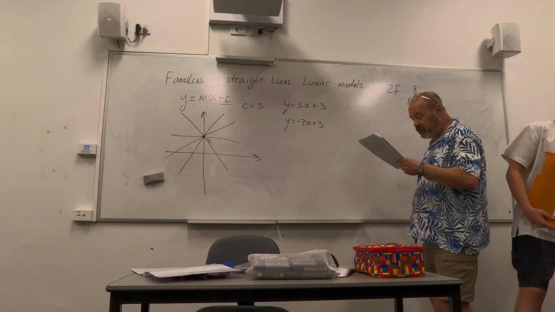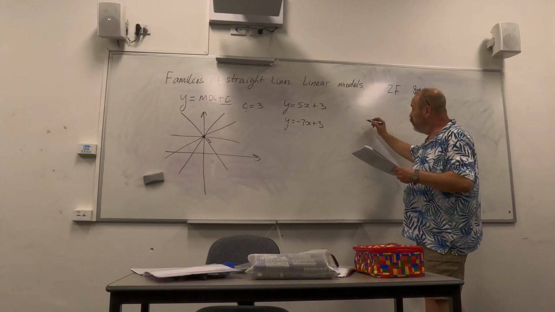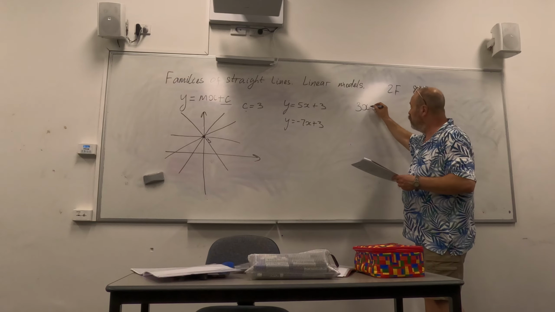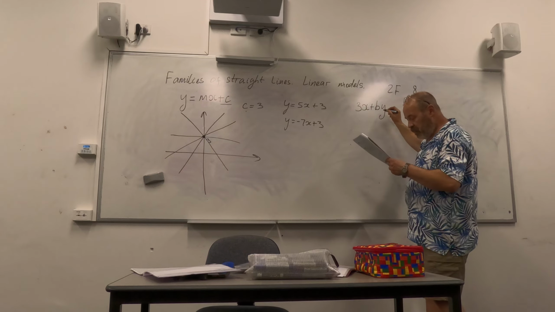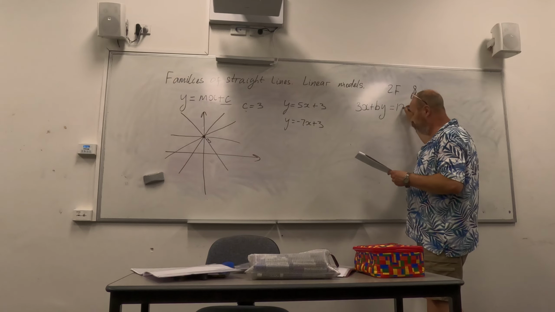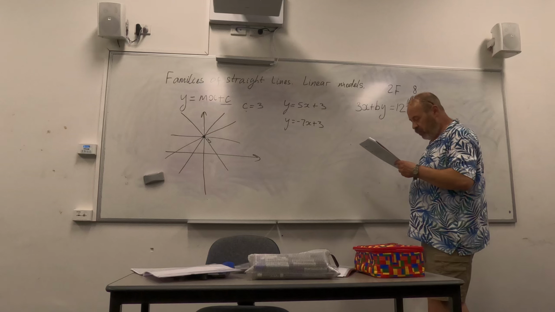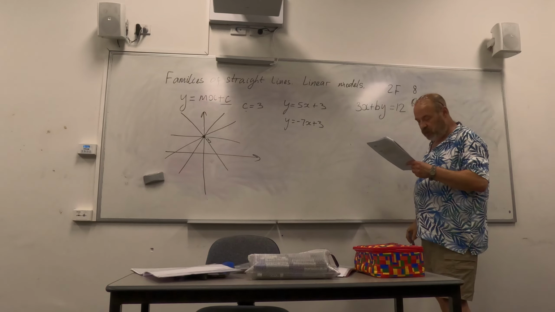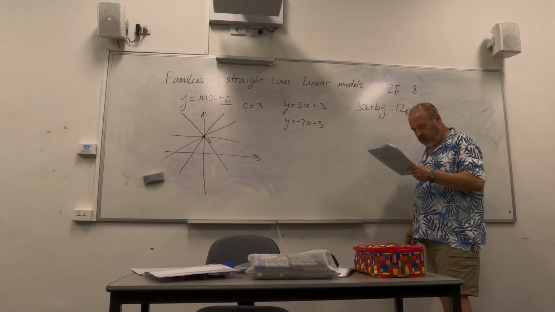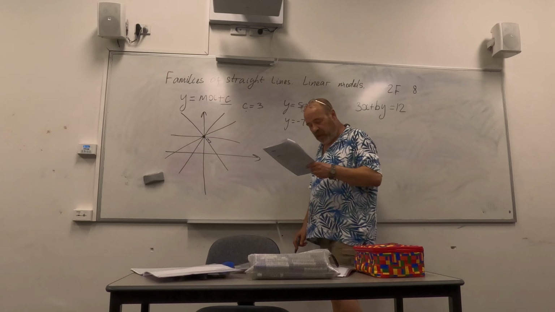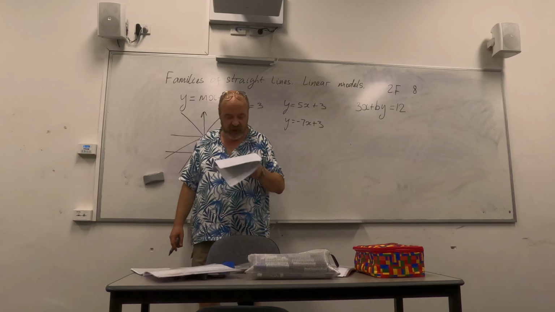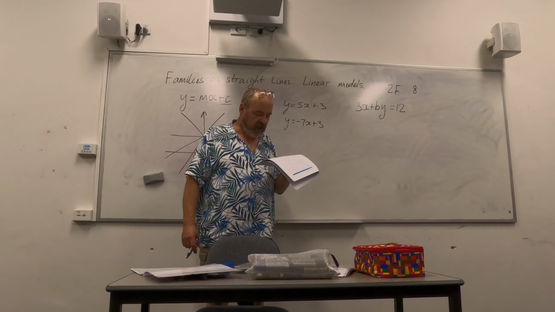A family of lines have equation of the form 3x plus by equals 12, where b is a non-zero number. Find the y-axis intercept in terms of b.